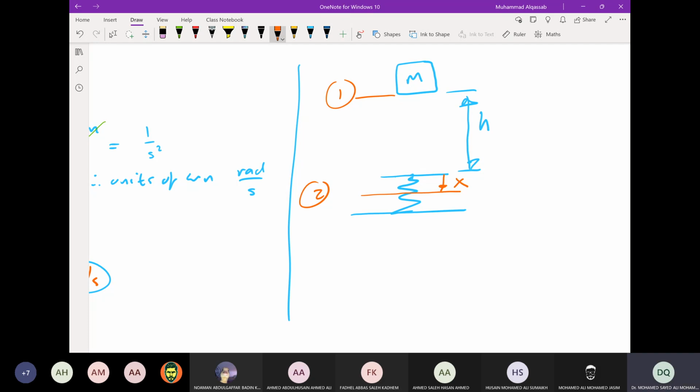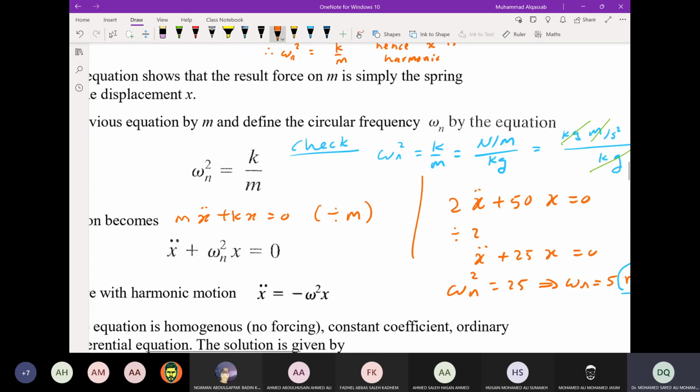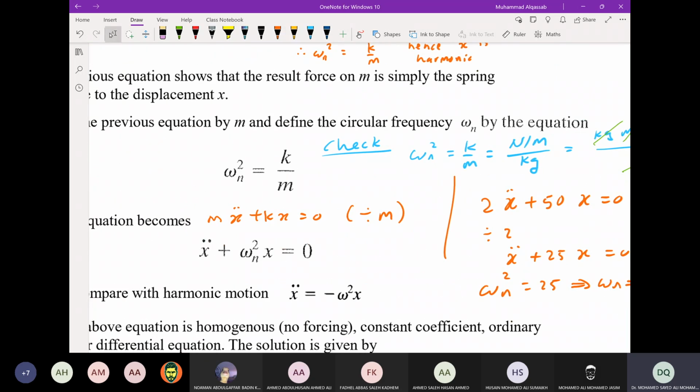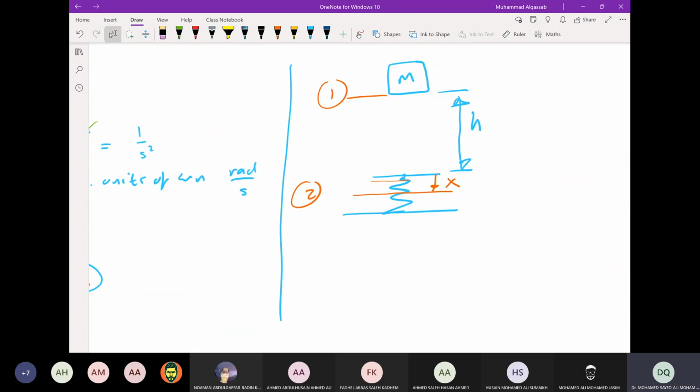But we are not finding x with time, unless you make x known. What is the velocity when x is, let's say, 0.1 meter or whatever. Here we'll find x for all time, including this problem. This problem can be solved using what I'm doing now with the spring mass system.